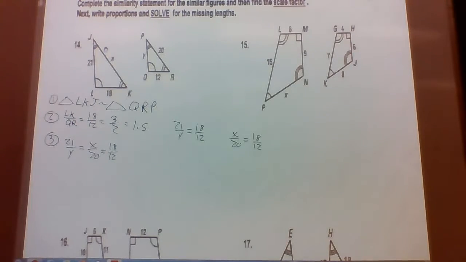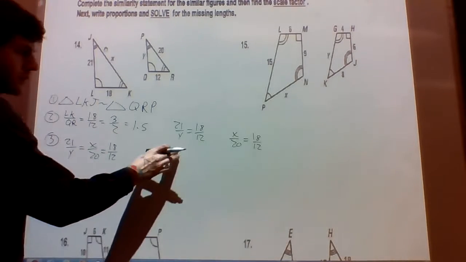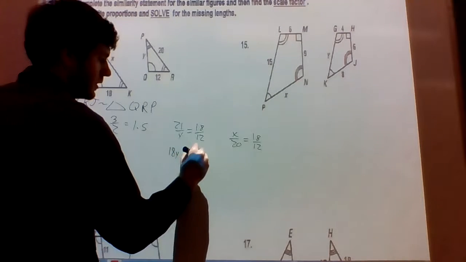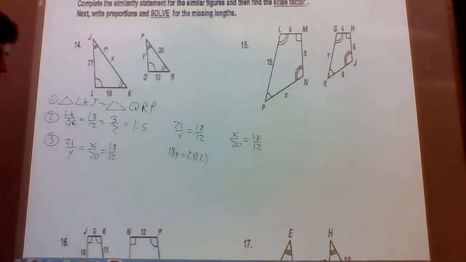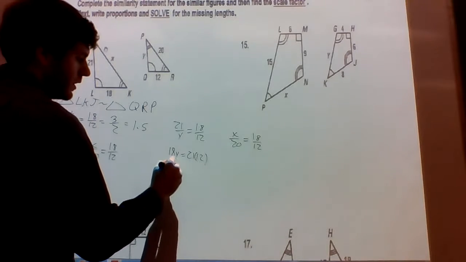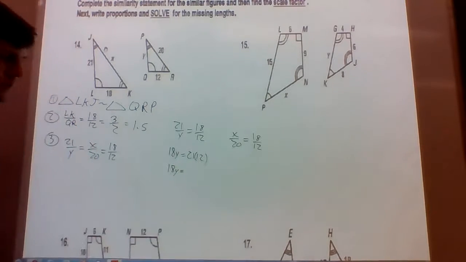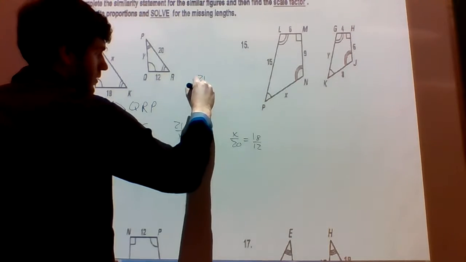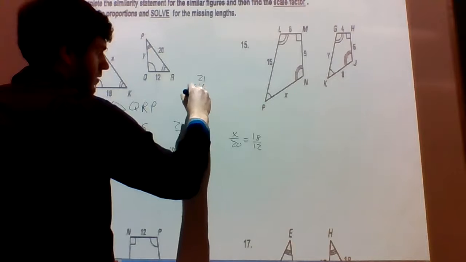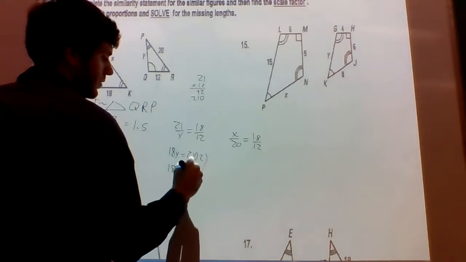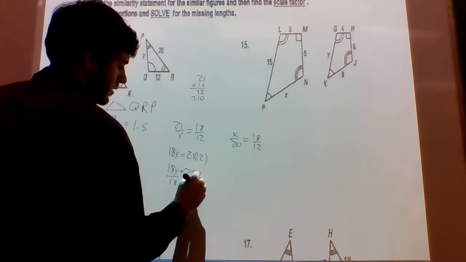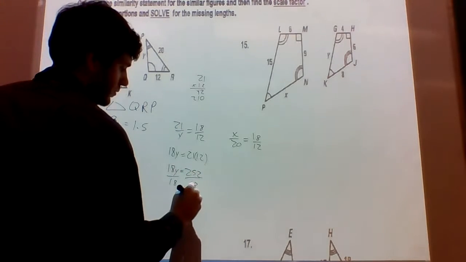To solve these two equations, we cross multiply, so that's going to give us 18y equals 21 times 12. So 18y is going to equal 252, divided by 18, and y is equal to 14.